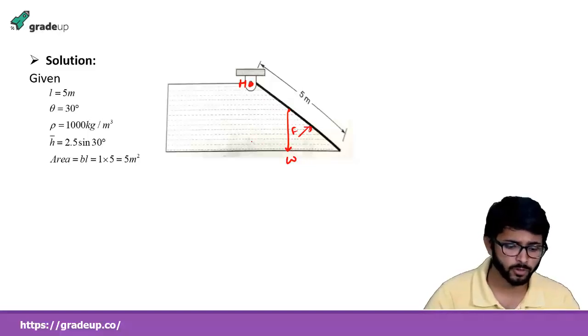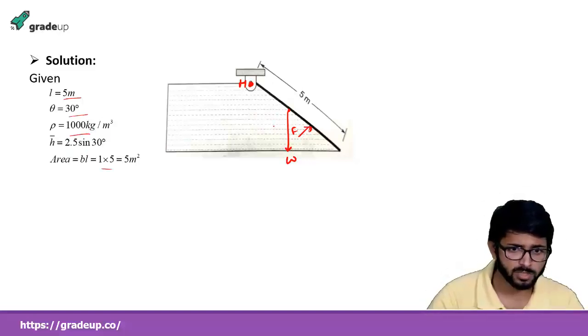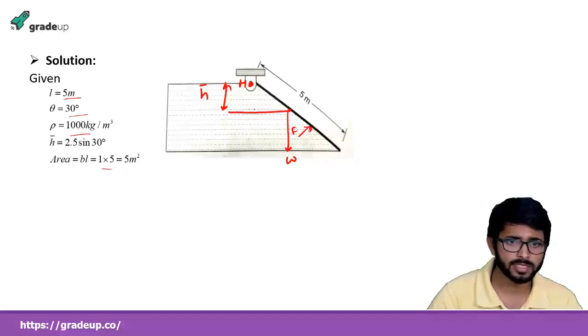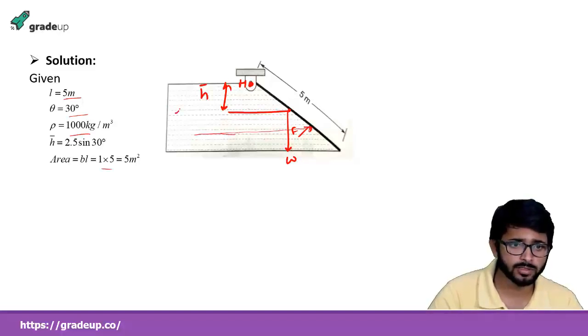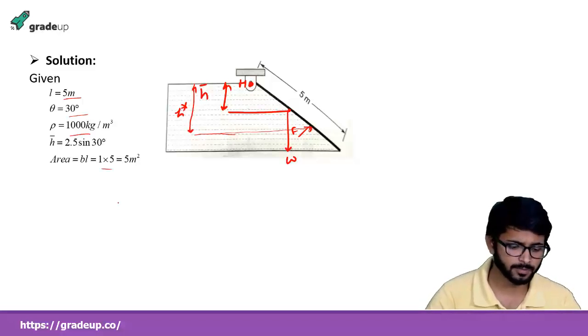So this is how we are going to do it. We have the area of this plate, its length at angle theta, and the density of the liquid. H bar is the center of gravity of the plate. The force is acting here obviously, so the center of pressure will be here, which is below the center of gravity.